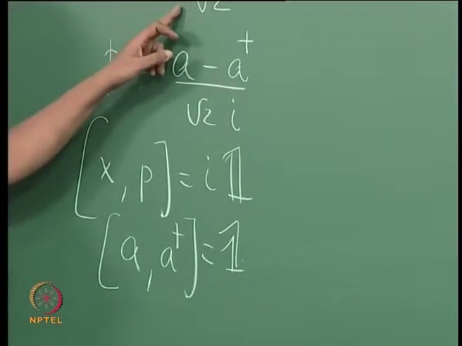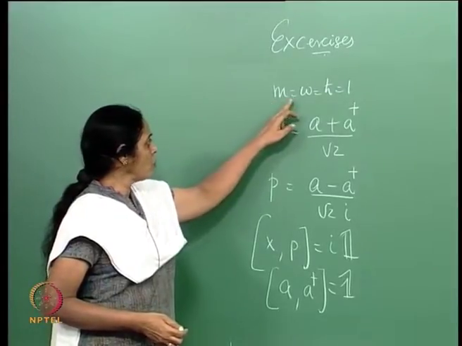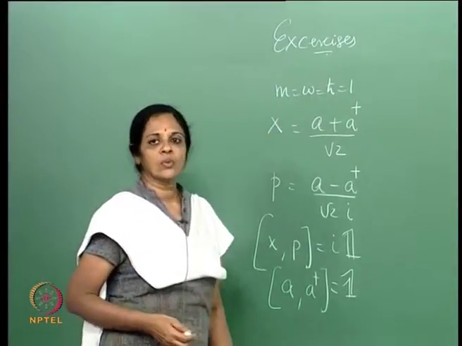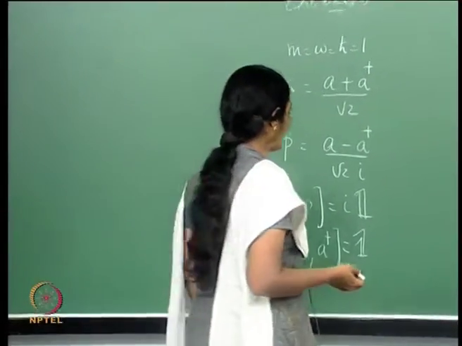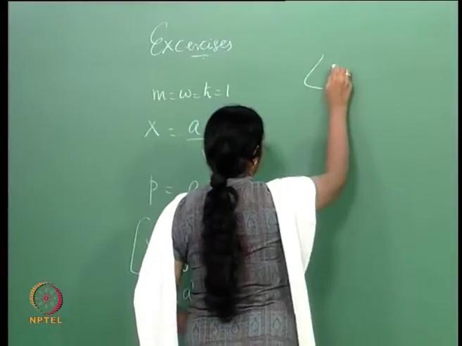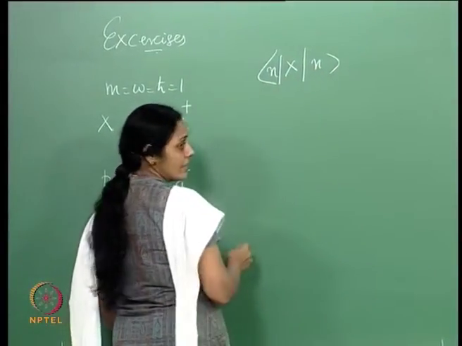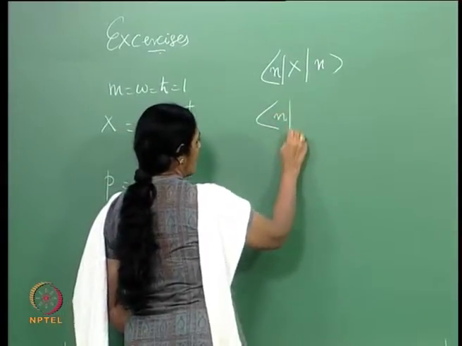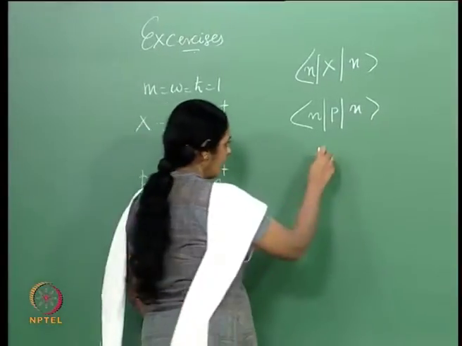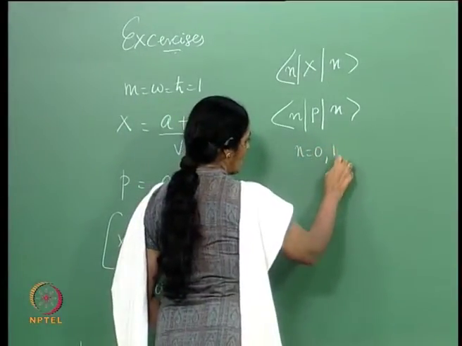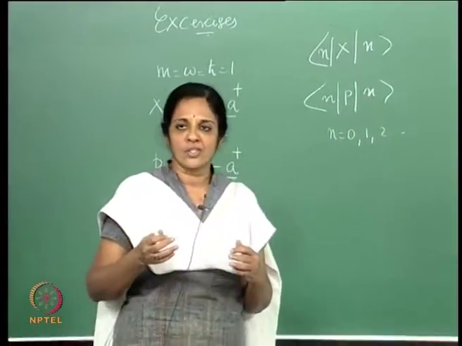So I will work with this example where m equals omega equals h cross equals 1, and what I will attempt to find out are the following: the expectation value of x in any state n of the oscillator, the expectation value of p in any state n of the oscillator. Recall that n takes values 0, 1, 2 and so on. n equals 0 is the ground state of the oscillator.